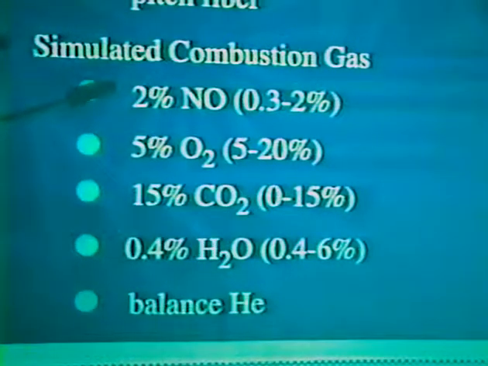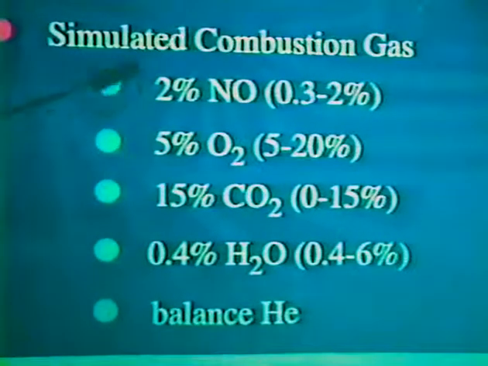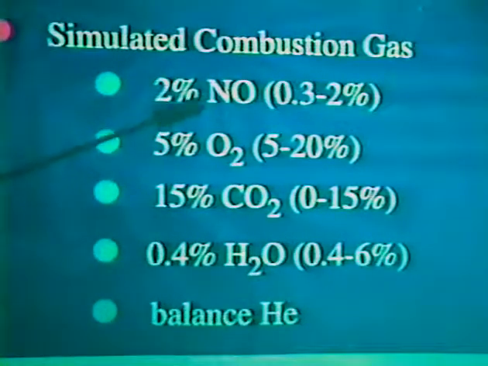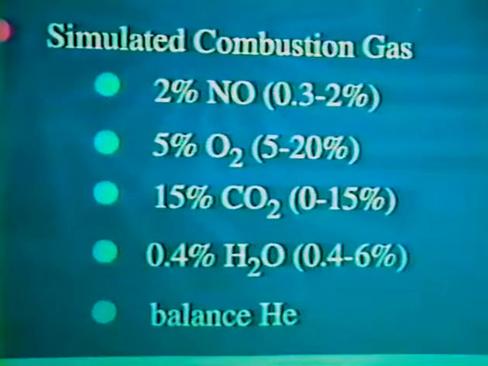The concentrations that we most often used are indicated first. We used 2% NO or NO2 in our gas, 5% oxygen, 15% CO2, and usually 0.4% water. But we have looked at the ranges that are also indicated in parentheses, and we do use helium as our makeup gas.